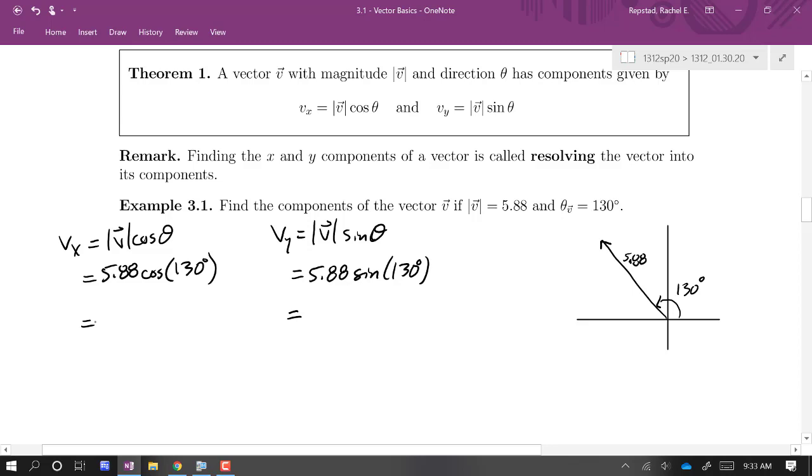One of the reasons I like to think of that explicitly is that one of the common types of errors we make when calculating things is forgetting what mode our calculator might be in. So sometimes you might catch that error by realizing, oh, when I found the x component, it gave me a positive, and that's weird, and I seem to have typed everything incorrectly. That could happen if you were in the wrong mode.